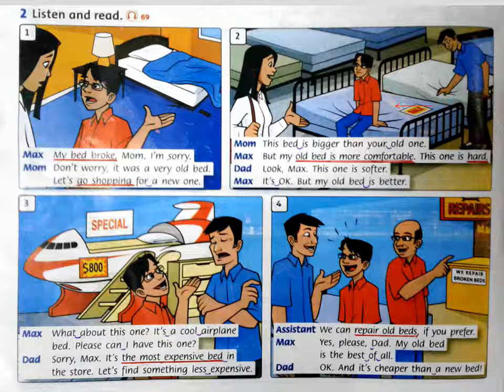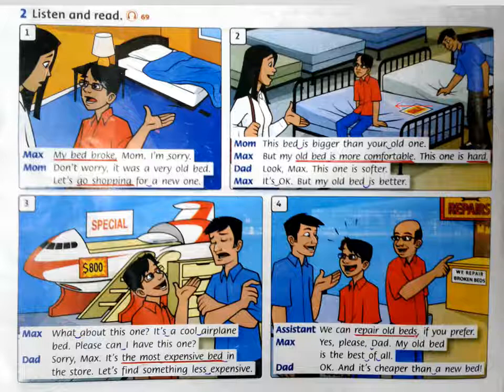My bed broke, Mom. I'm sorry. Don't worry, it was a very old bed. Let's go shopping for a new one. This bed is bigger than your old one. But my old bed is more comfortable. This one is hard. Look, Max. This one is softer. It's okay, but my old bed is better.